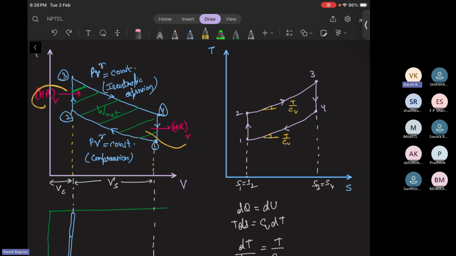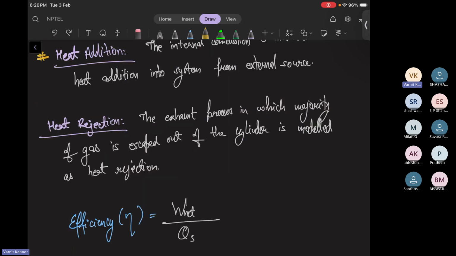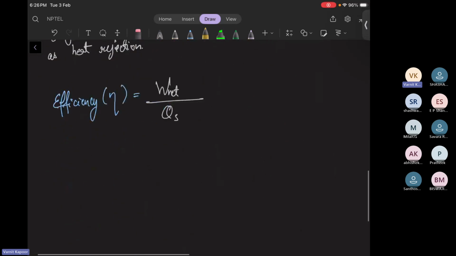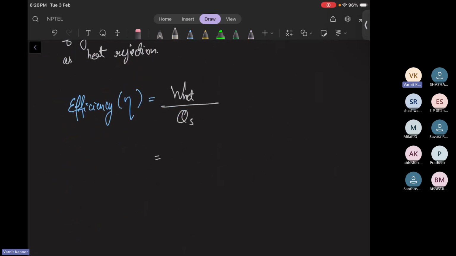Okay. So I'll write here. This is basically your net work: heat addition at constant volume minus heat rejection at constant volume, to that of what is heat supplied.